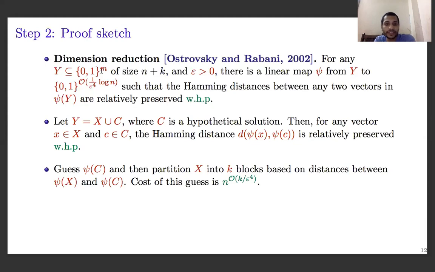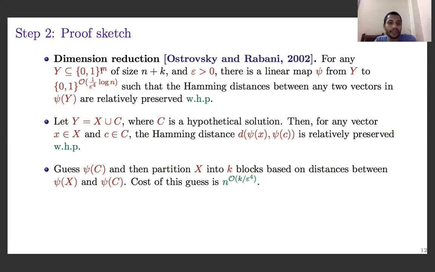Then each vector x will be put in the cluster Xi if the closest center in psi of C from psi of x is psi of ci. Then I will put that vertex x in the cluster Xi.